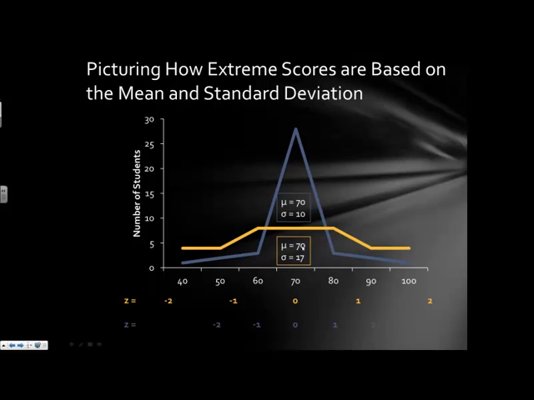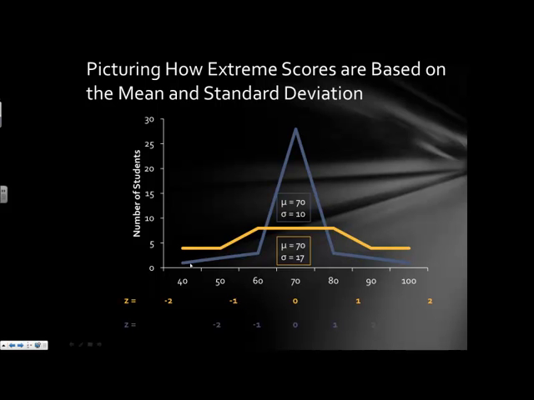So if the mean is 70, then a z-score of 1 corresponds to a raw score of 70 plus 17, which would be 87, which is roughly here. Going the other direction with the yellow distribution with a mean of 70 and a standard deviation of 17, if you are 1 standard deviation below the mean, z-score of -1, 70 minus 17 is 53, and so your z-score would be right around here.